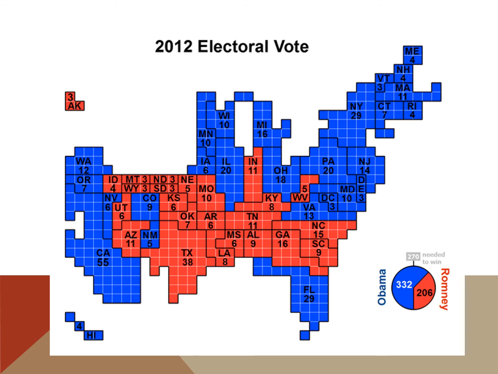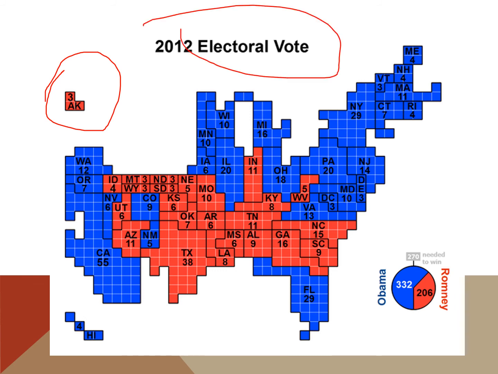Notice they're trying to keep the general shape, but the size is totally related to the electoral vote, not to its actual size. For example, our largest state is Alaska, but over here, it's 3 little squares, okay? So on this particular map, again, the size is related to electoral votes, not to its actual size.